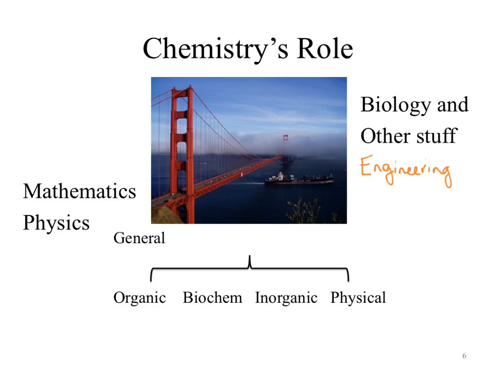Pretty much everything that we deal with in life today, all of our advances come from some form of inorganic chemistry. Then we've got the ultimate mathematical aspect of it. You can go all the way into physics, physical chemistry. I don't know why they get a separate branch, but I guess they're tied down enough in the real world that they get called physical chemists as opposed to just physicists.